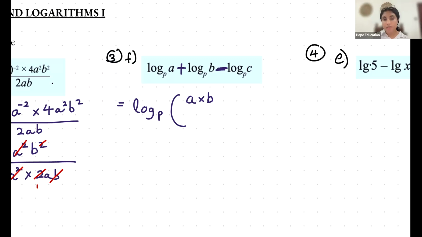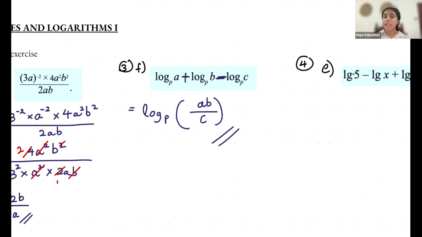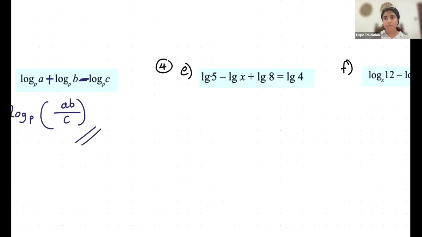The number divided by is C. So you can write it without a multiplication sign, just AB, divided by C, like this. Is this clear, kids? Is this how you did it? Did you understand? Give me a thumbs up. Okay. I will discuss the fourth in 1 minute. Make it fast.